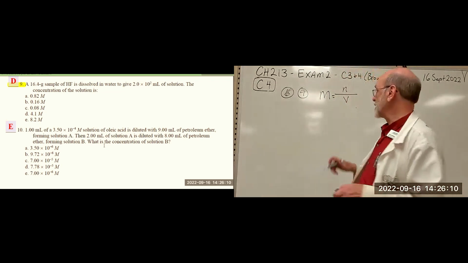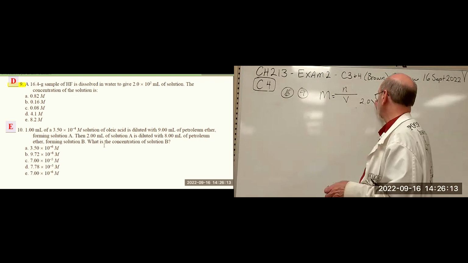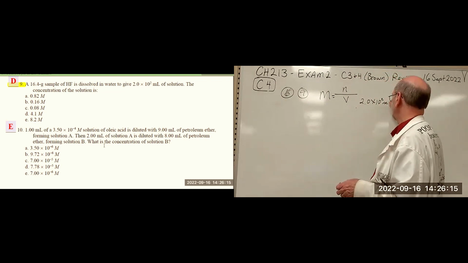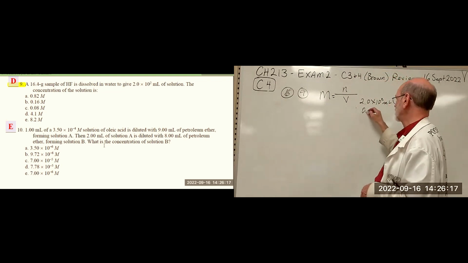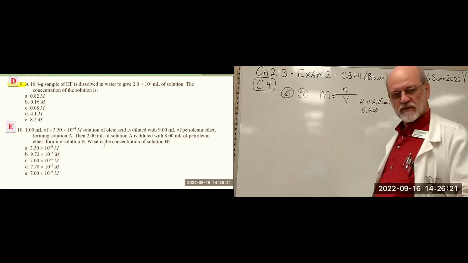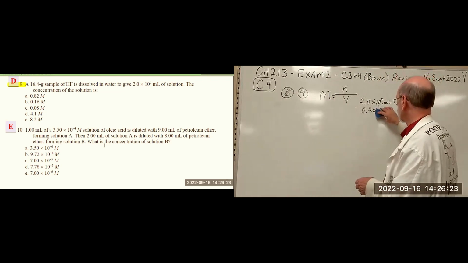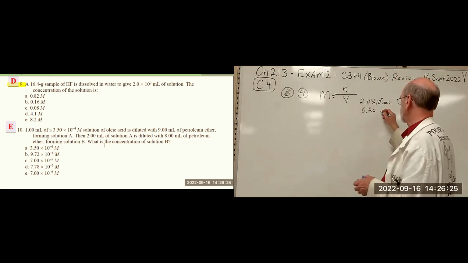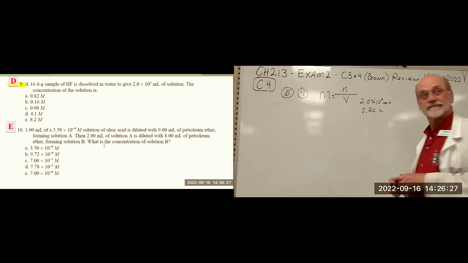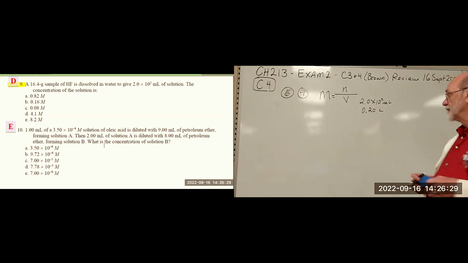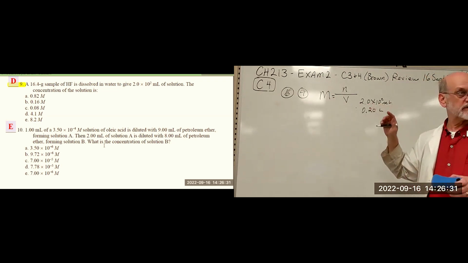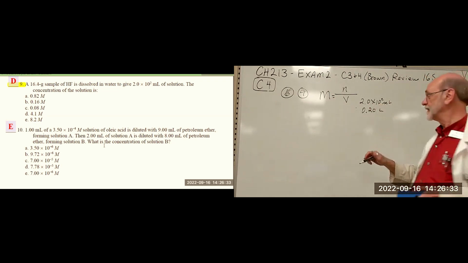Right? 2 times 10 to the second milliliters is what? How many liters is that? Oops, too many zeros. Only 2 significant figures. There we go. Liters, right? That's 200 milliliters, which is 0.2 liters.